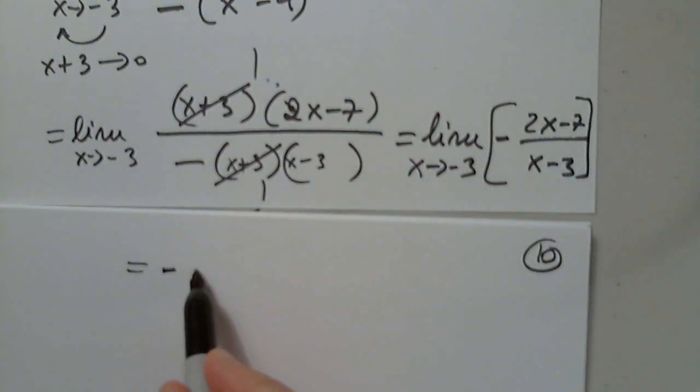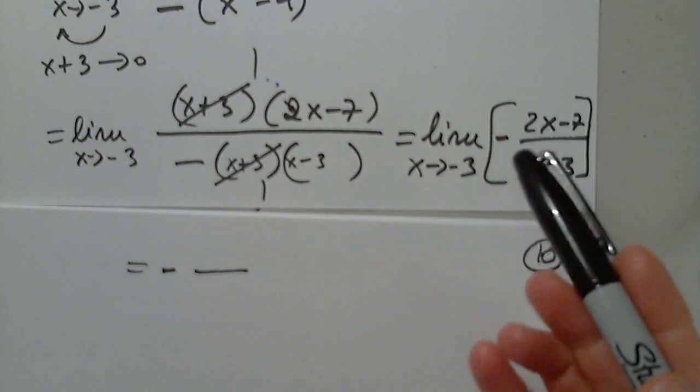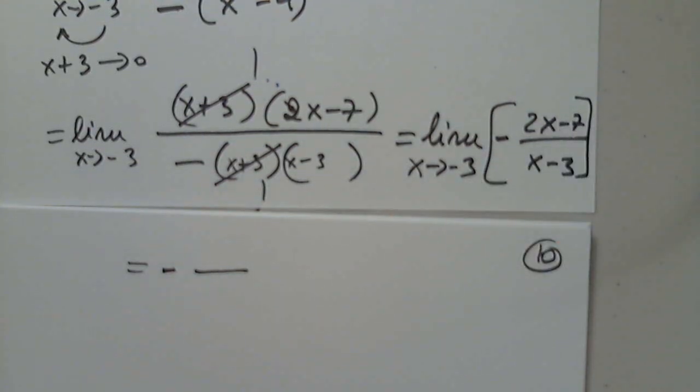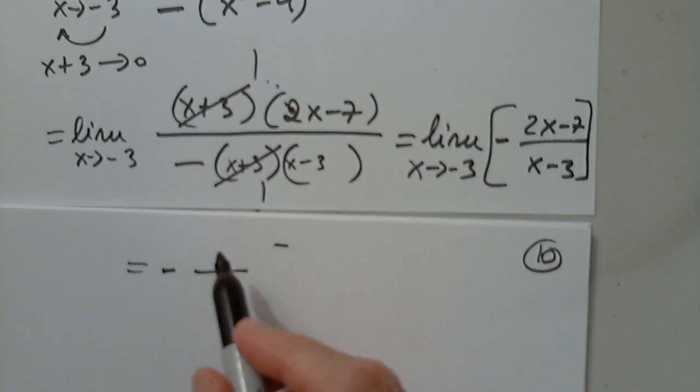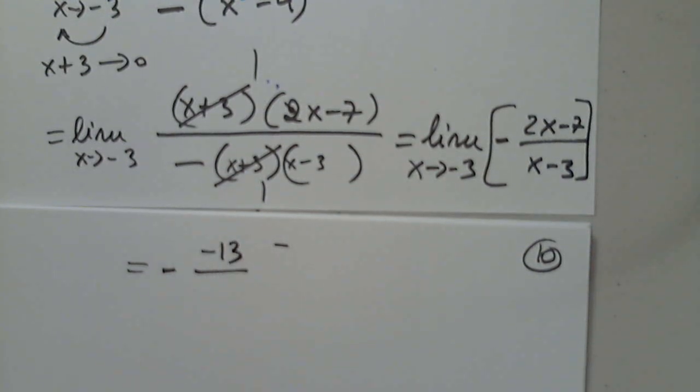Negative in front. Can anyone give us the top and denominator? The top is? 2x minus 7. So -6 minus 7, -13. I agree. Good. What about the denominator?